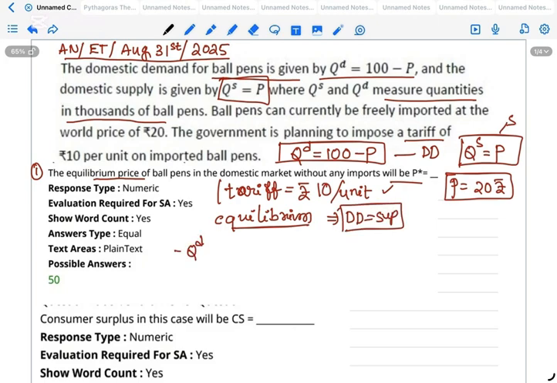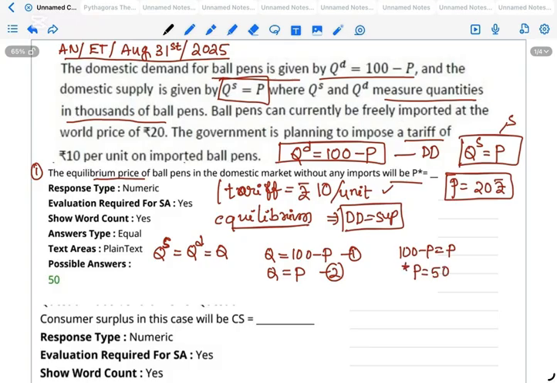Equate both quantity supplied and quantity demanded, both equal to Q. That is Q equals 100 minus P and Q equals P. So 100 minus P equals P, P equals 50. That is P star.